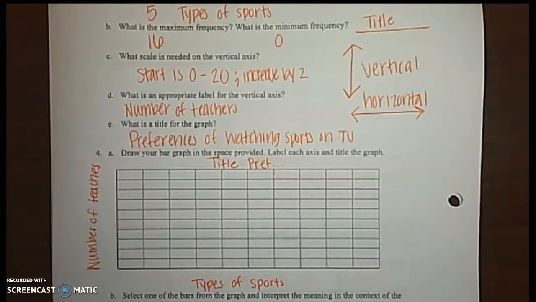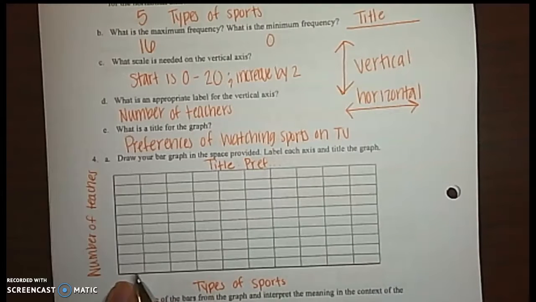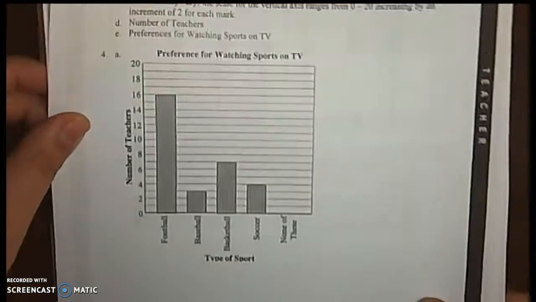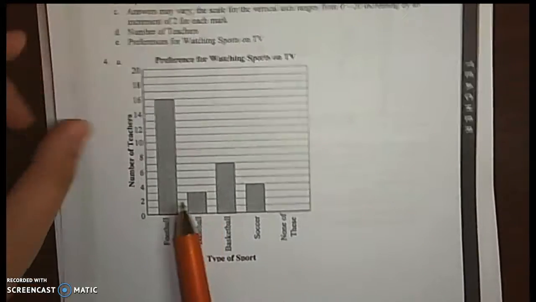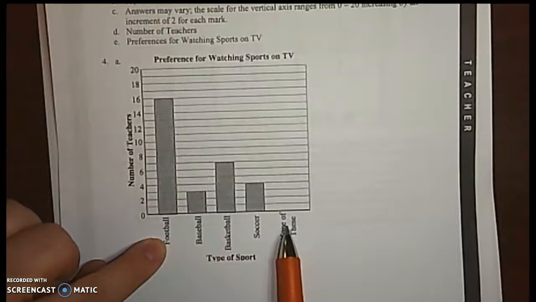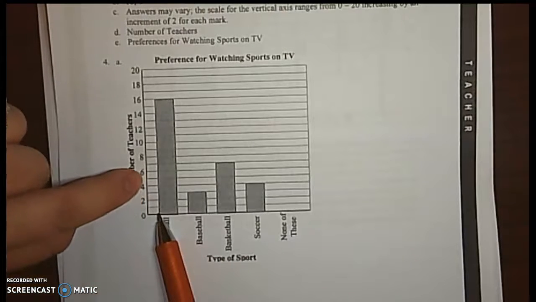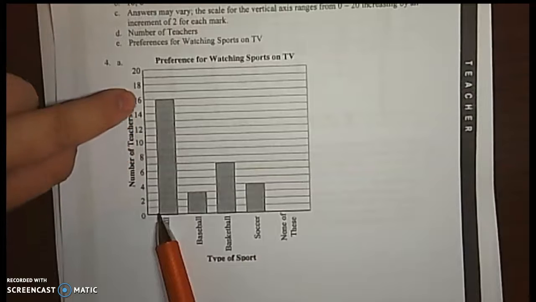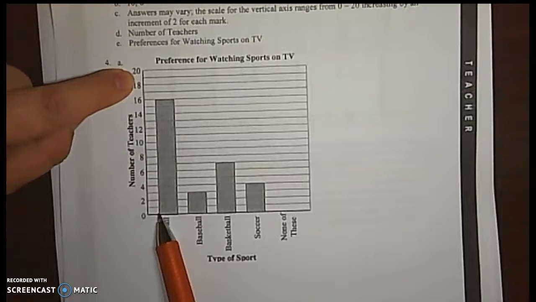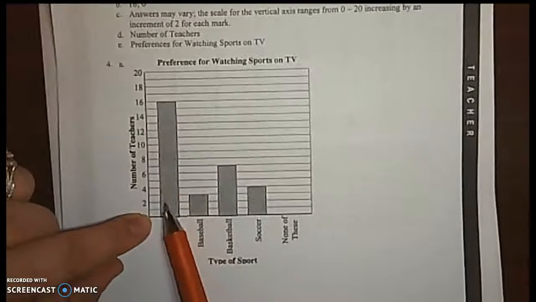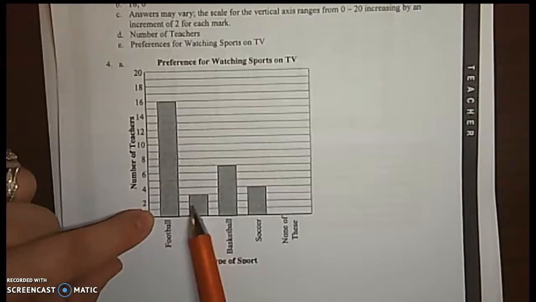Now, on the bottom down here, we need to determine what each line is going to be. As you can see here, I've already created this one. We have all of our different sports. I have gone up by 2s on the increments of our scale all the way up to 20. I have drawn my bar graph and spaced the bars out evenly.